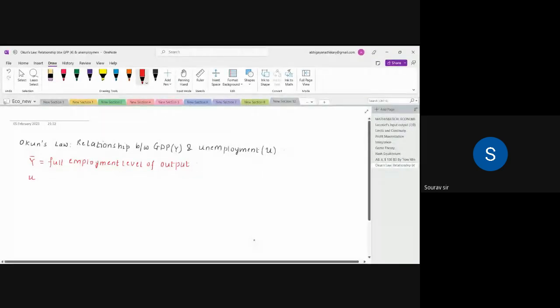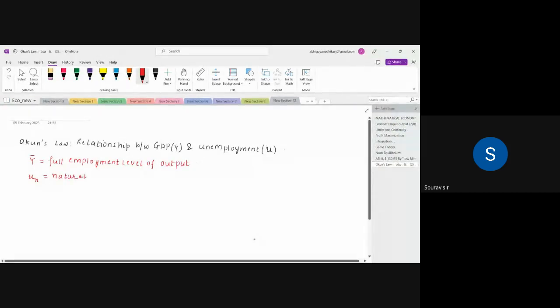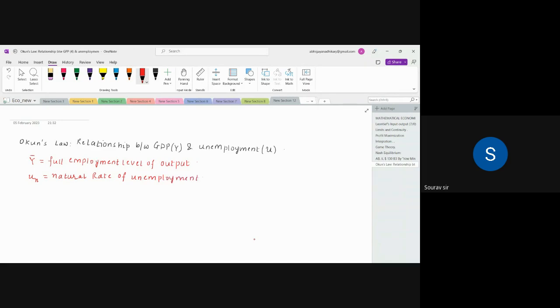So I use these notations: Y bar is the full employment level of output, and UN is the natural rate of unemployment. Therefore, Okun's law is basically giving you a negative relation. So can I write y minus y bar equals minus alpha times u minus un, where alpha is positive?